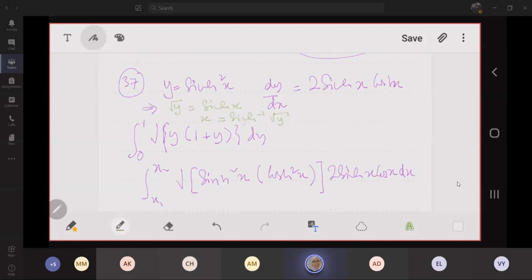So when y is equal to 0, x is equal to sine inverse of 0. What do you get? Look at the graph. How does sine look like? Sine looks like this. How does inverse sine look like?